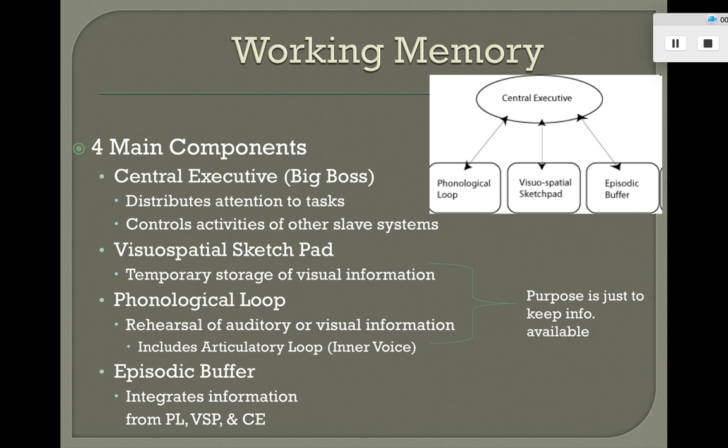Now we also have what's called the visual spatial sketchpad, and the visual spatial sketchpad essentially keeps information in short-term visual storage for very short periods of time. If you remember from our discussion a couple of minutes ago, we talked about iconic representations, that we have a representation of visual information for very short periods of time after it's been presented.